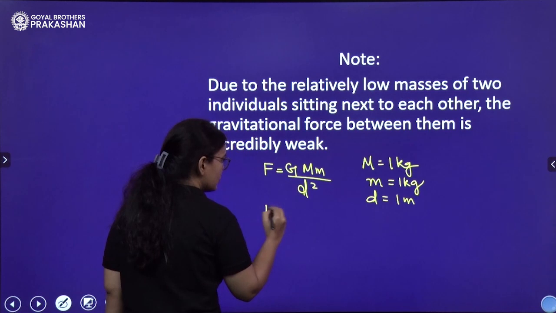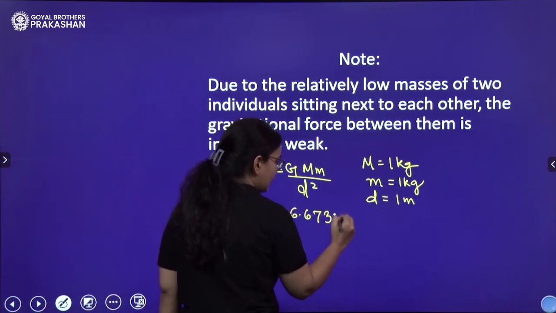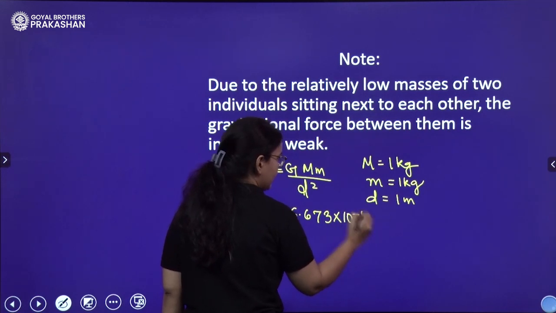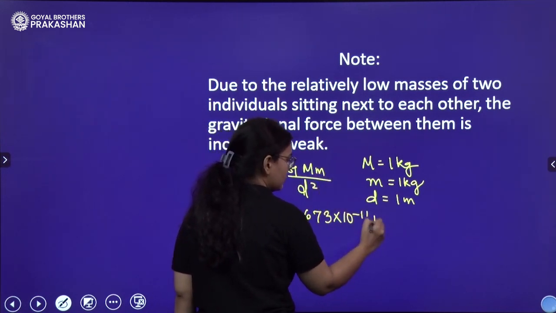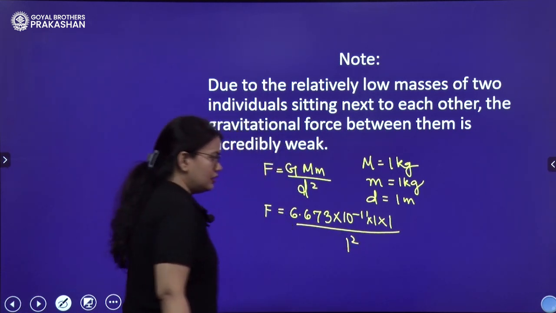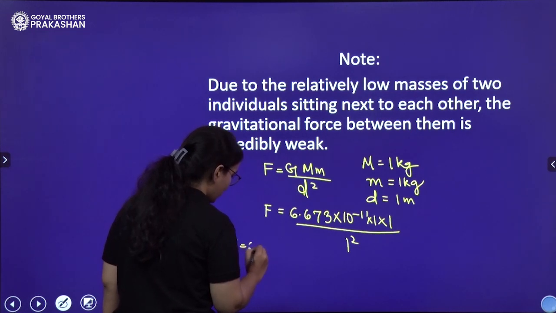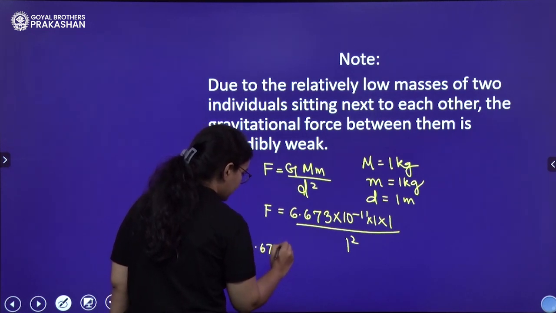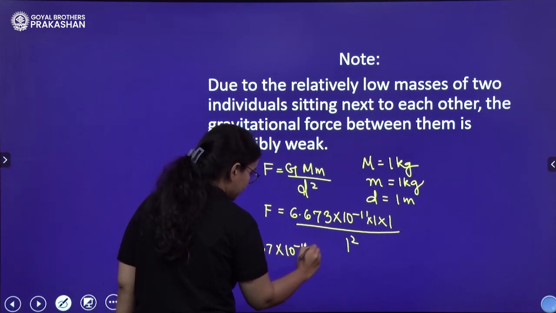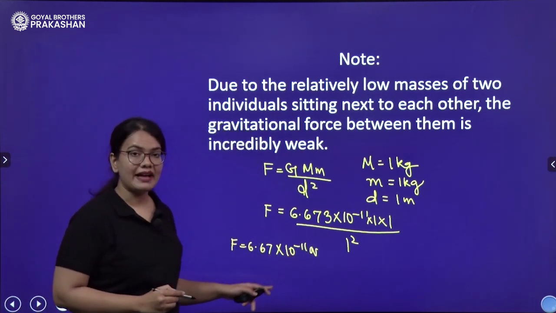Right. Now, force will be what? 6.673 into 10 to the power minus 11, m1 m2 is 1 into 1, divided by 1 square. So, what is F coming out to be? 6.67 into 10 to the power minus 11 Newton. Can you see the magnitude of force?